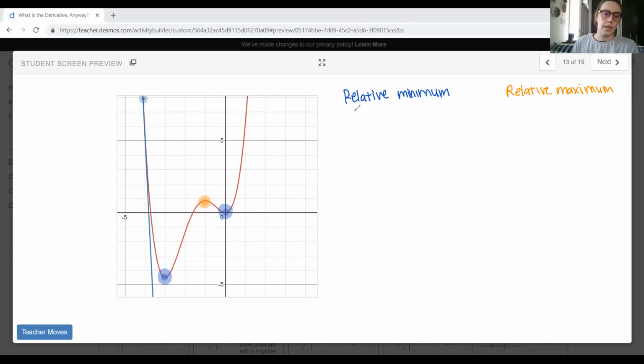So we know that we can use the first derivative to prove for sure that a point we found is a min or a max, because we can look at the derivative before and after. Let's look at a minima. Okay, so we're going to use this min right here.